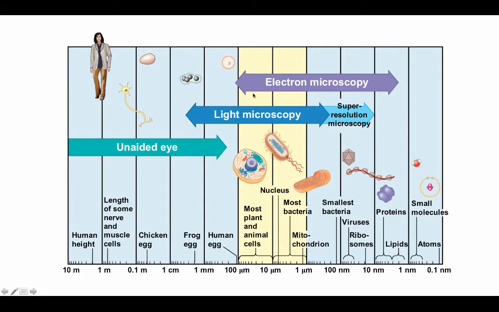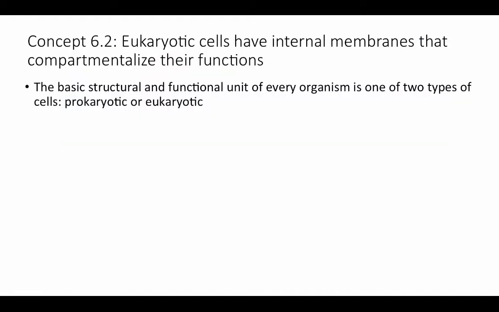But generally, once we get down to the subcellular level, we're talking electron microscopy to see such small things as viruses, large proteins, and then below what we're even able to see with an electron microscope are things like water molecules. Nobody's ever actually seen one. Small molecules and atoms. So now let's start taking a look at how these cells are put together.